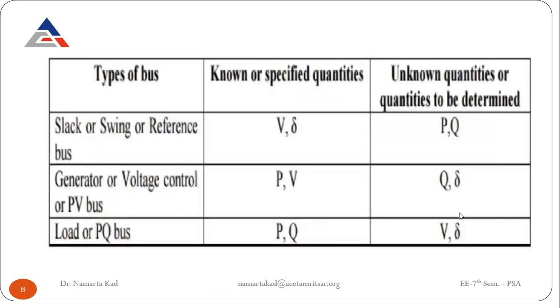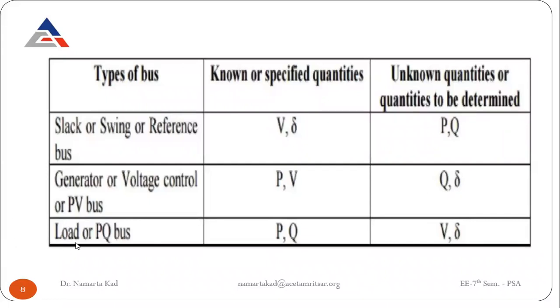Now, summarizing this in tabular form: the different types of buses, known or specified quantities, and unknown quantities to be determined. For the slack, swing or reference bus, V and delta are known, and P and Q are unknown. For the generator bus, or PV bus, or voltage control bus, P and V are specified and the unknowns are Q and delta.